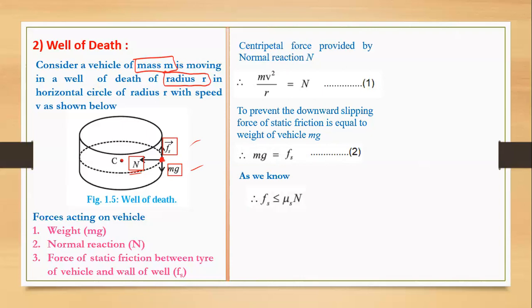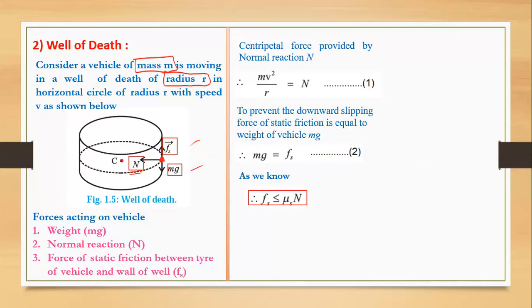Now, as we know, this is a very important condition: the force of static friction is always less than or equal to mu s N. In the previous article, we had taken it equal, but here it is a vertical surface.